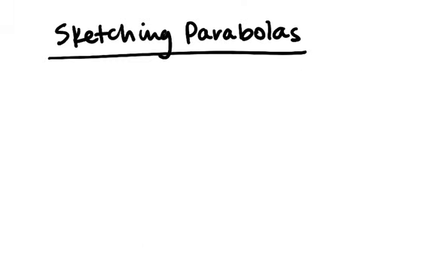Okay, sometimes we're asked to just give a sketch of a parabola, which is much easier. We don't need to worry about the relative shape, how narrow it is, or the specifics of it. We just need a quick sketch. We'll be using that next time to solve some inequalities. And so really, when you're sketching a parabola, the first order of business is find the zeros.